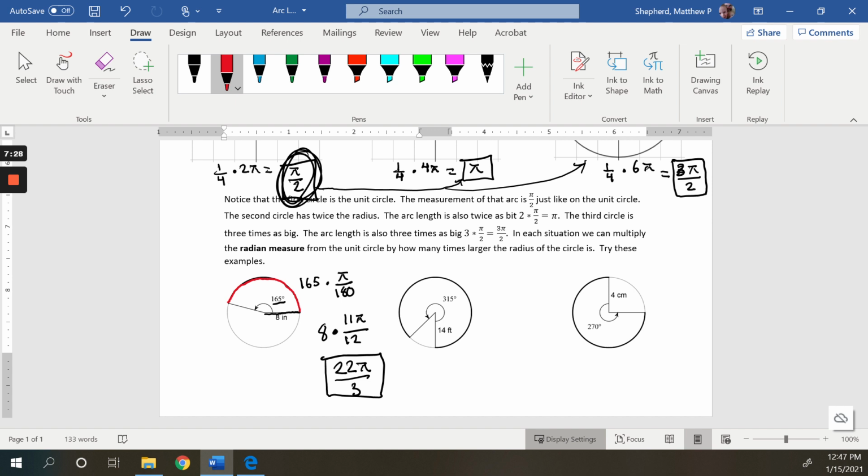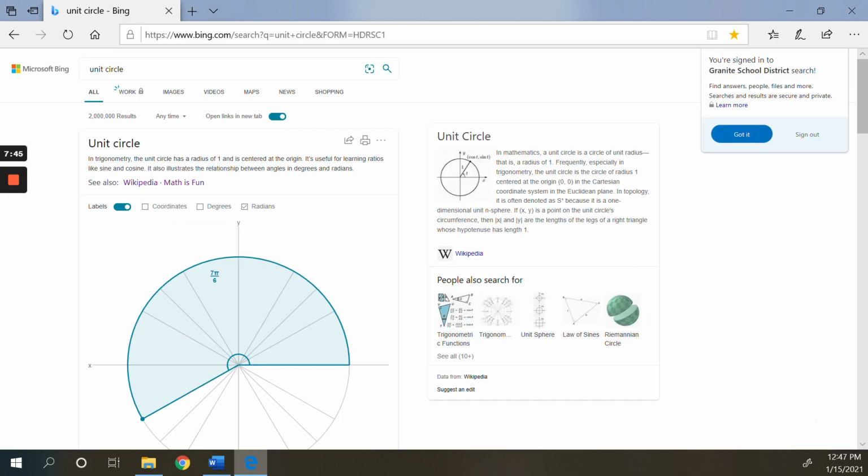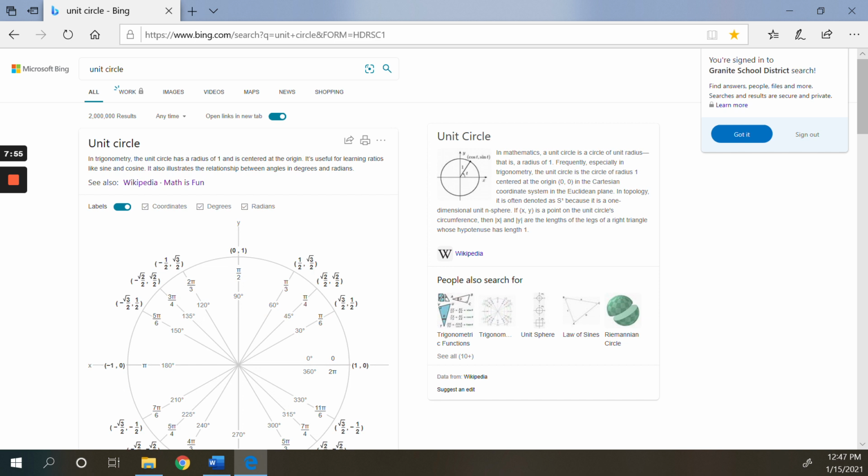Okay, so now let's do that again. Once again, anytime you need to convert your degrees into the radians on the unit circle, you can quickly multiply it by pi over 180. Some things should be easily recognizable. 315 degrees, I should be able to easily find that on a normal unit circle. So 315 degrees right down there. Notice it is connected to 7 pi fourths.